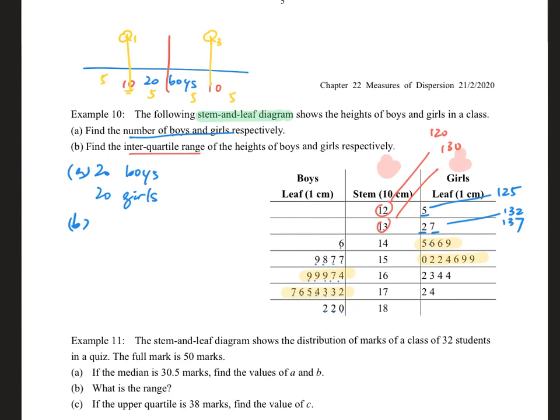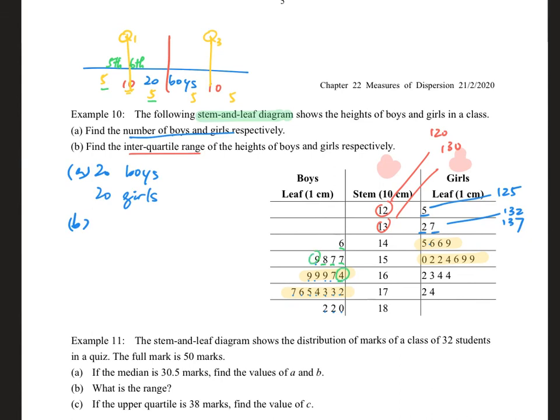Now the problem is, are Q1 and Q3 a particular data value, or right between two data values? Think carefully by yourselves. For Q1, there are 5 boys on the left and 5 boys on the right, so it should be right between the 5th data and the 6th data. Count one by one: 1, 2, 3, 4, 5, 6.